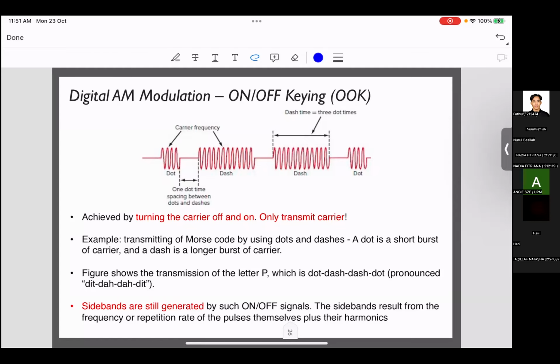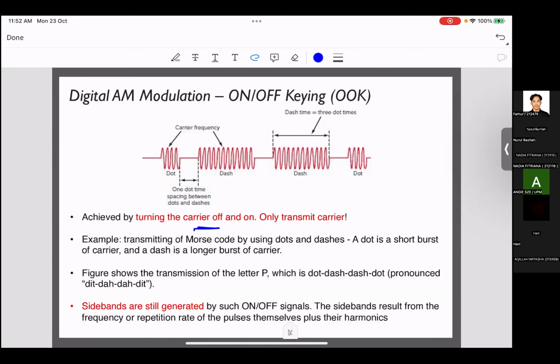This is achieved by turning the carrier on and off, and we are only transmitting the carrier. There's no modulating signal. The modulation is you. You are the modulating signal. When I turn on and off, I am modulating the carrier. Therefore, I am the modulating signal, as weird as that sounds. So this is why it's called crude amplitude modulation, because you do it yourself.